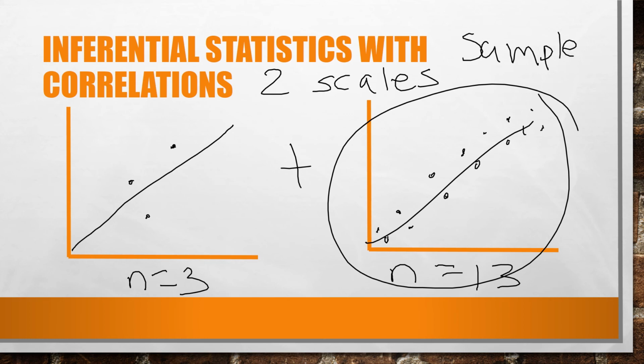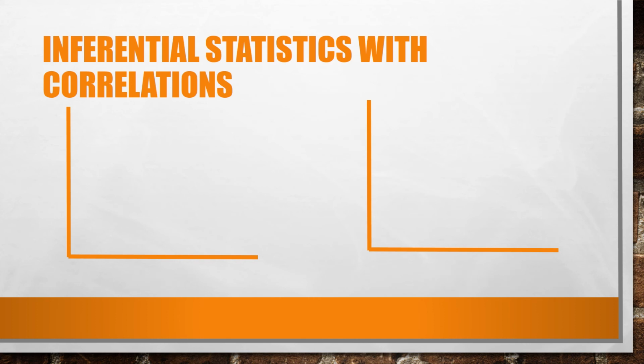But with n equals 3, if that was all due to chance, it's a pretty strong correlation. You just got really lucky or unlucky, if you want to call it. So you also want to consider sample size when you're doing correlations, but also the strength.